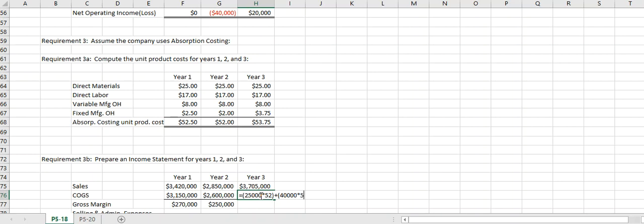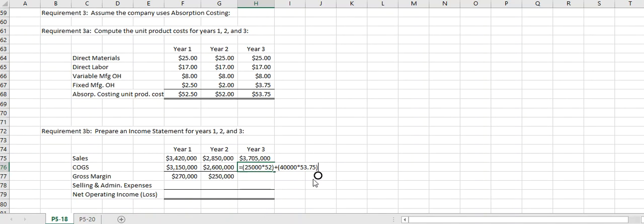That was $53.75 each. So here's my formula: 25,000 units at $52 each and 40,000 units at $53.75. We have to add those two things together. That gives us $3,450,000. So we're going to take my sales less my cost of goods sold, which gives us our gross margin.